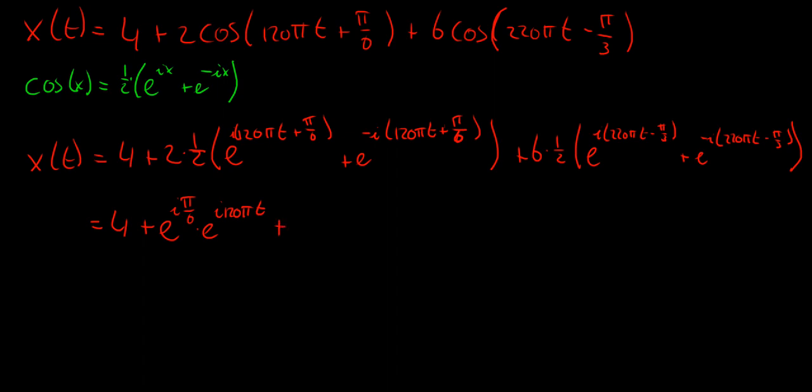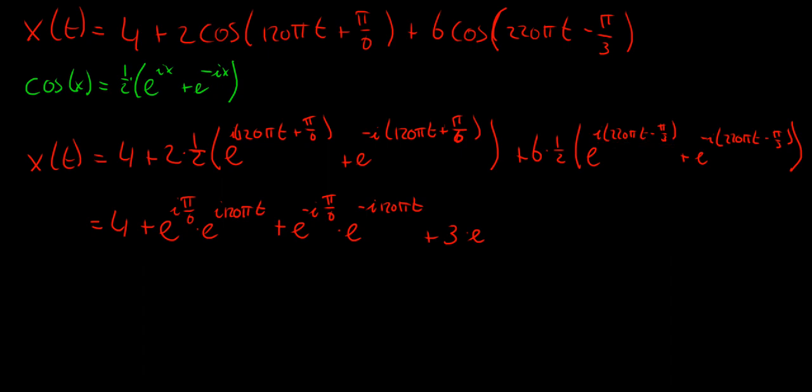And the other one we can do exactly the same. Here we get e to the power of minus i pi over 6 times e to the power of minus i 120 pi t, plus 3 times e, and here we're going to do the same thing. We're going to work out these brackets and we're going to split up the e powers.